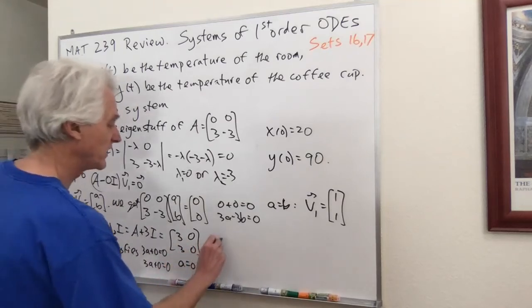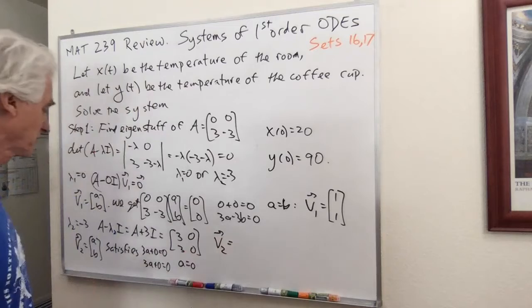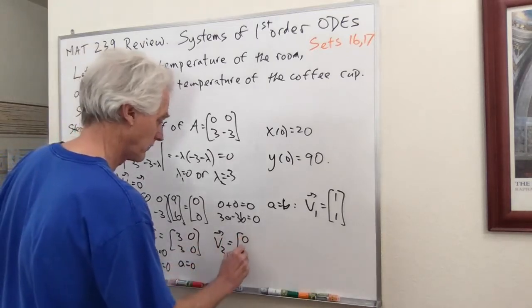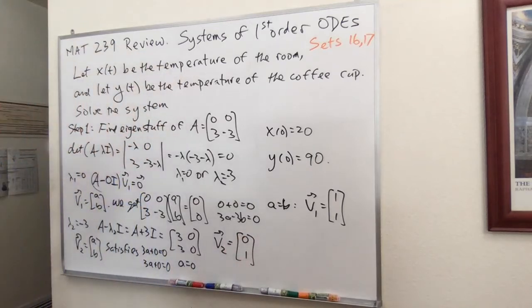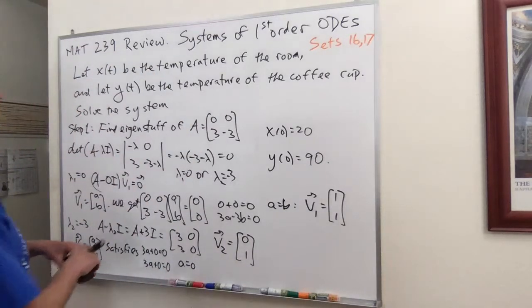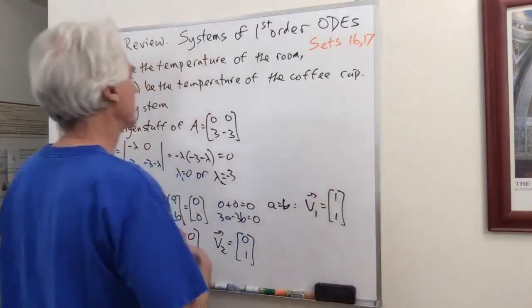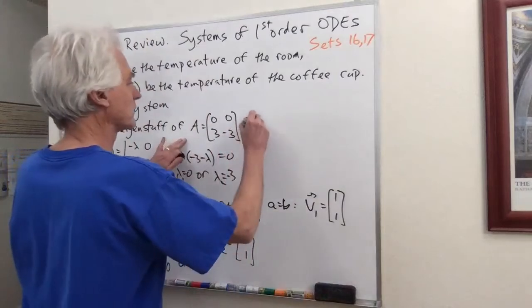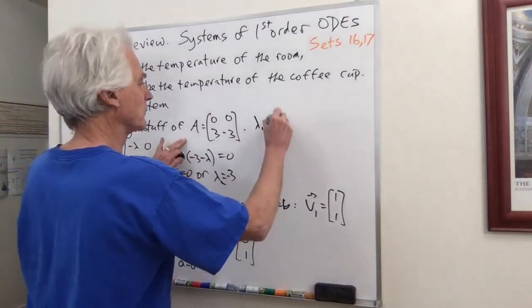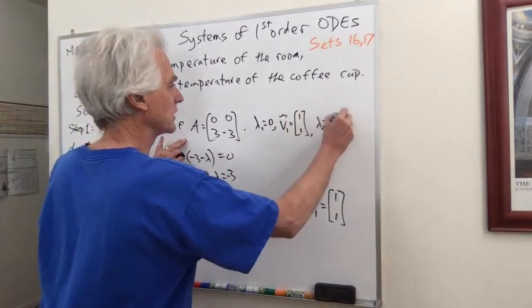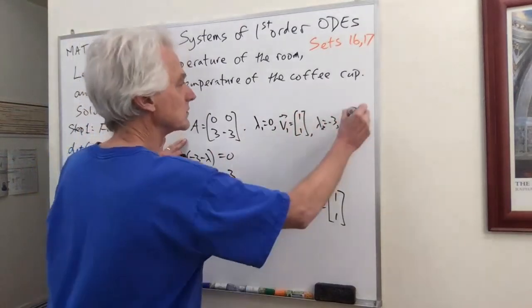So V2, and this can sometimes be a little bit confusing, a is 0, so b can be anything. We'll make it 1. So that's step 1. Let's summarize the eigenvalues and eigenvectors. Lambda 1 is 0, V1 is 1, 1. Lambda 2 is negative 3, V2 is 0, 1.